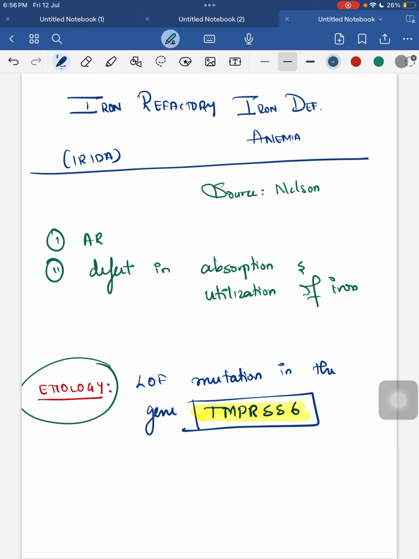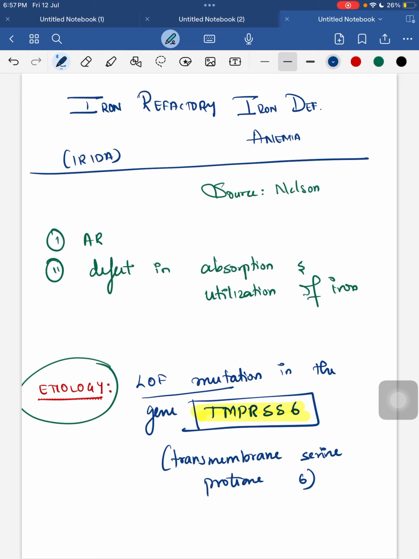This TMPRSS6 is a transmembrane serine protease 6. I write it here: transmembrane serine protease number 6.